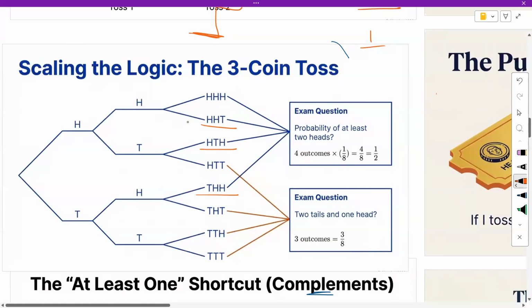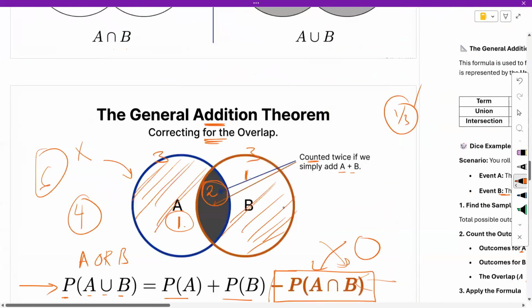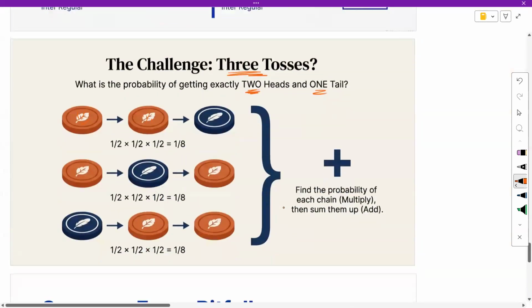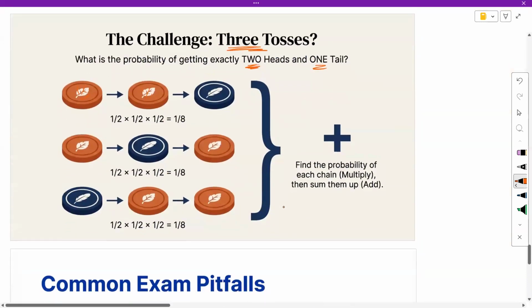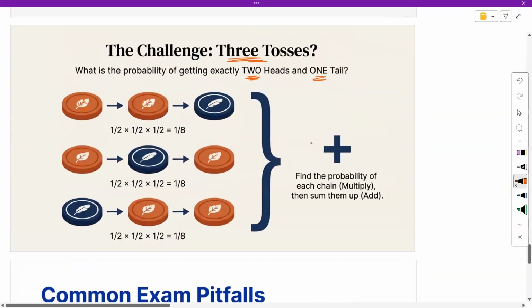Then the probability is 1/8, 1/8, 1/8, simply 3/8. The answer is 3/8.